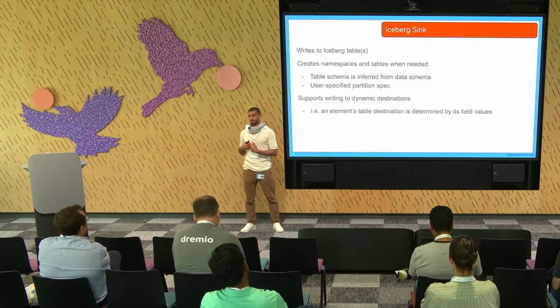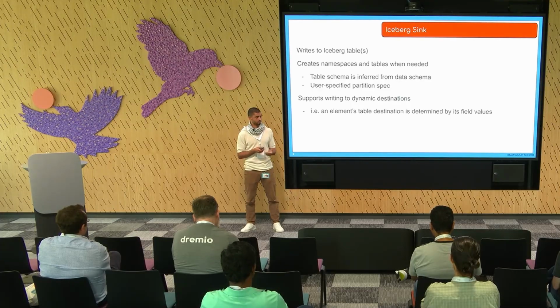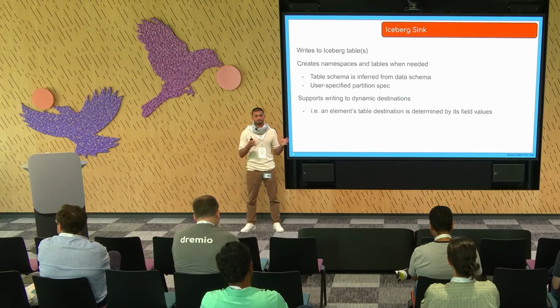And you can also provide the partition spec or a list of partition fields that it will create the table with. And we also support writing to dynamic destinations, which means that a record's values determine its destination. And you can write to many tables using one instance of the IO.